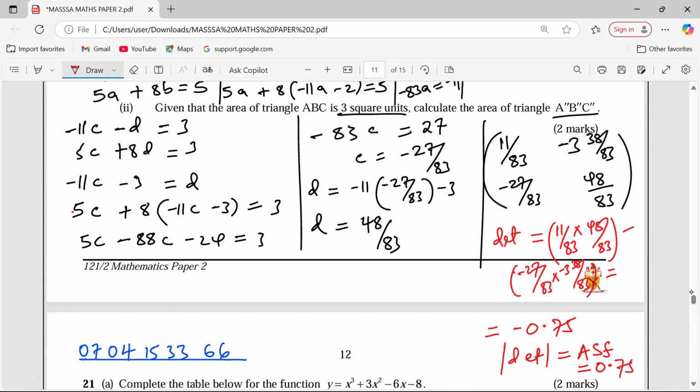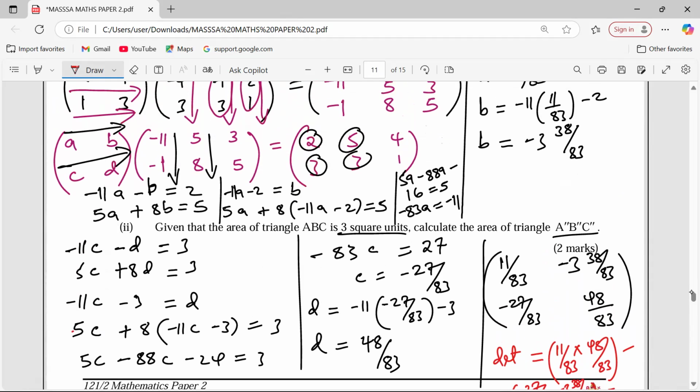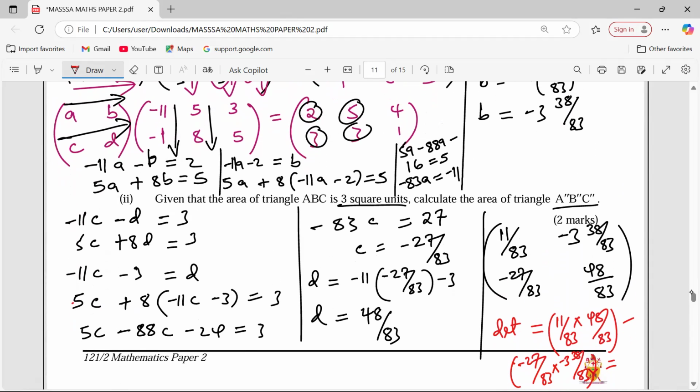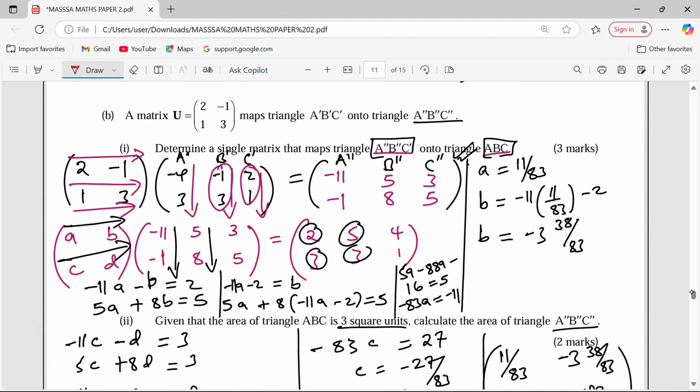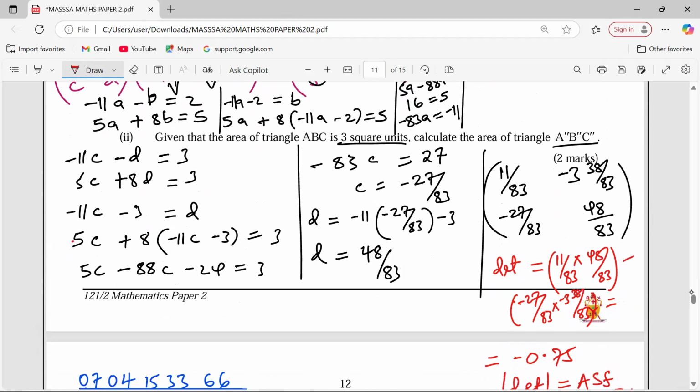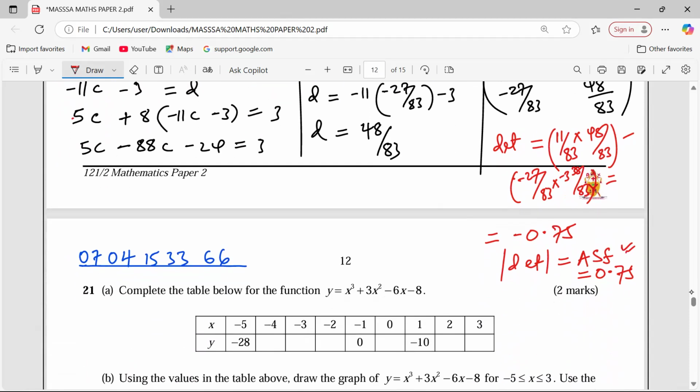So the matrix which is transforming A, B, C double prime to the original triangle has a scale factor equivalent to 0.75.